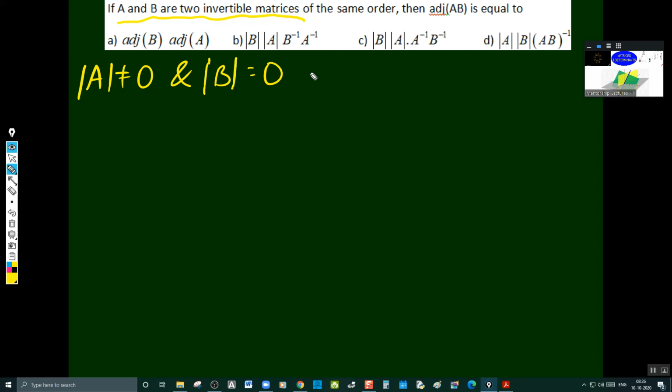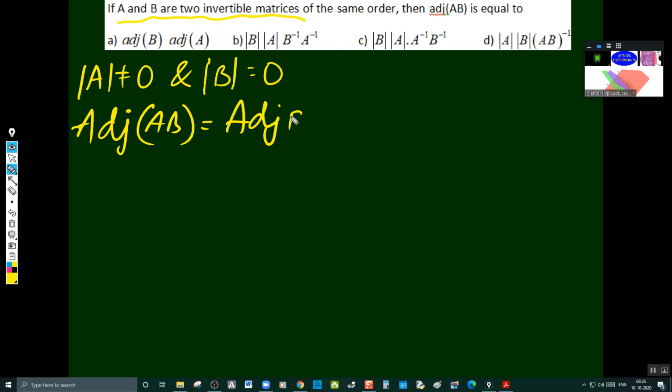Now, what is adjoint of AB? I'd like to revise some results at this juncture. Whenever you are splitting the product of two matrices A, B, adjoint of AB, then always split it from the right side.